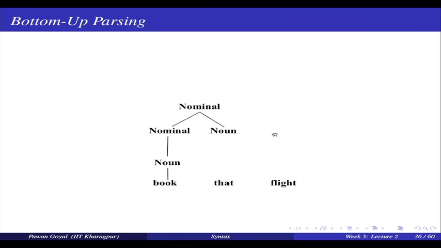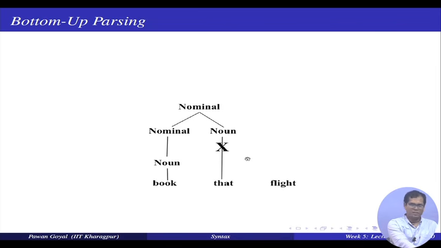So I am growing my tree upward, but now I arrive at noun, which is a preterminal, and noun will not give me that. So that is not a noun. This is an inconsistency, so I have to go back and see what is the next possible rule from nominal.